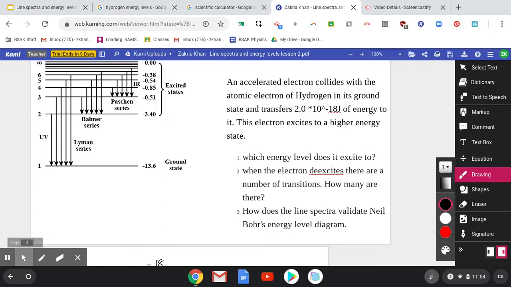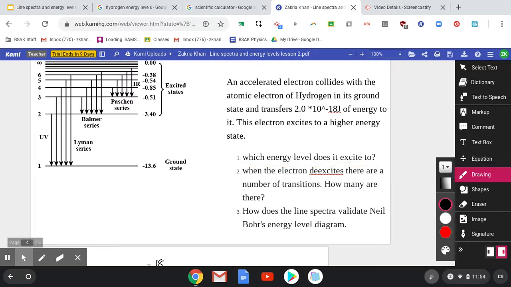So the question is, an accelerated electron collides with an atomic electron of hydrogen in its ground state. So the electron sits here, another electron comes in, hits it, and transfers 2.0 times 10 to the minus 18 joules of energy. The electron excites to a higher energy state.